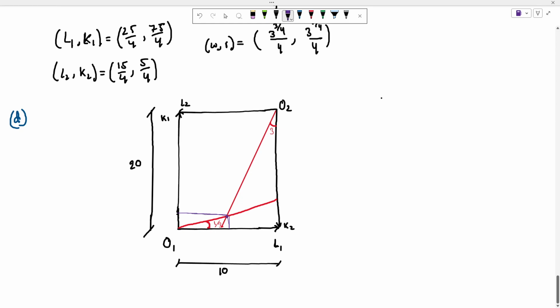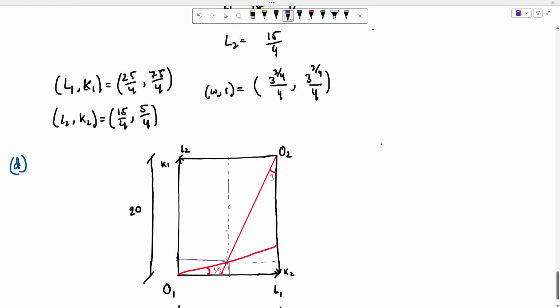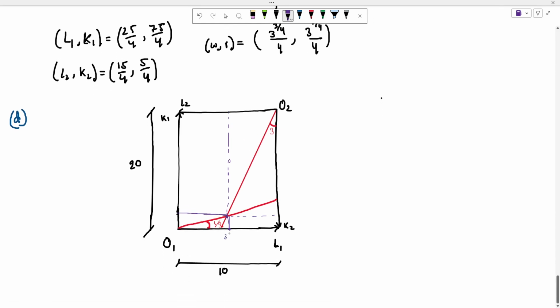I'm not putting the numbers here, but what was this? L1 was just 25 by 4, so this is 25 by 4, and this would be 15 by 4, right?